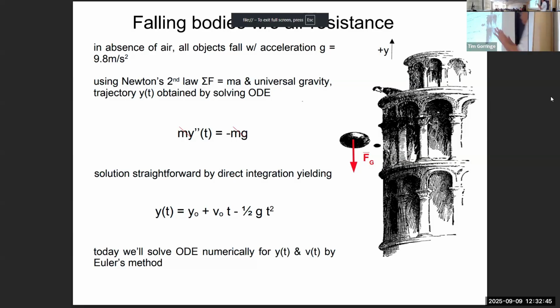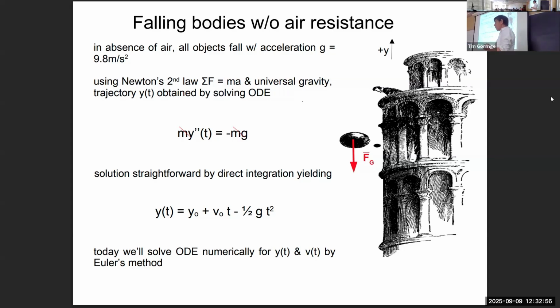This slide is our launch pad, our reference point, which was that general physics example, a very basic solution of the equation of motion of a falling body. It is constructed out of the law of motion and the law of gravity. That law of motion and law of gravity together form a second-order differential equation. We can analytically, straightforwardly solve that second-order differential equation.